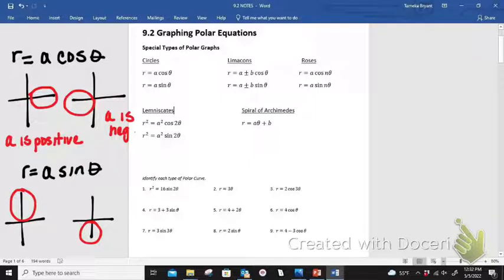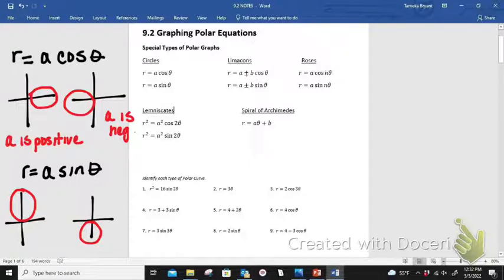Limacon, some people say limaçon. I really don't know, I'm sorry, I don't know the proper way to say it. But it's the only one that has a plus or minus in it, so that's pretty easy to identify. If you have a number plus a number, or a number minus a number, then that would be a limacon.